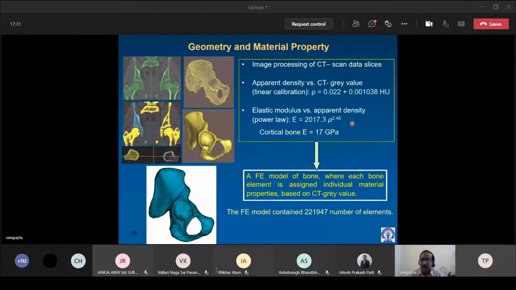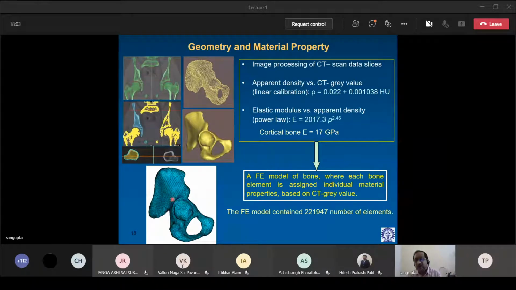This is all mentioned in your documents. There are relationships which are region specific or bone specific. But generally, we assume cortical bone density to be 1.73 to 1.75, any value you can assume. But the E modulus is about 17 gigapascal for the cortical bone.